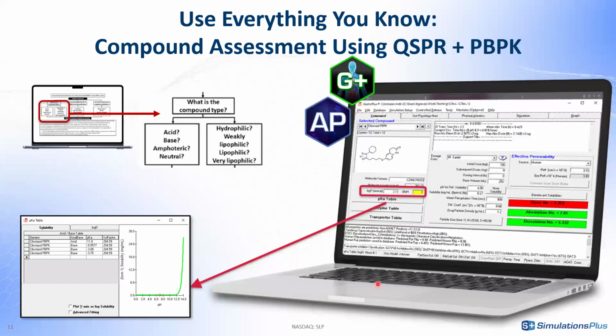Here we can see an ADMET Predictor import for cilostazol, which is a lipophilic molecule having a log P of approximately 3 and is essentially neutral at physiological pH, as can be seen from the predicted pKa's here. The solubility versus pH plot indicates that the lowest solubility of 0.17 mg per ml will be at low pH, and at pHs above 12, that solubility increases dramatically.